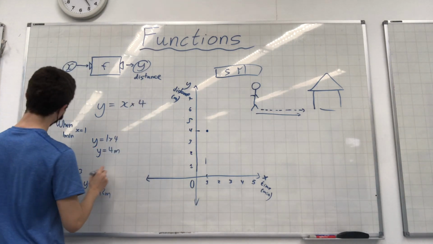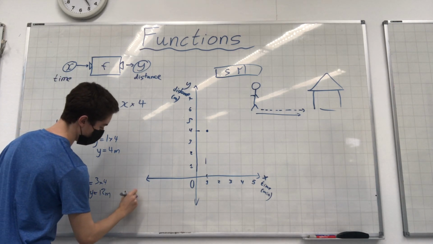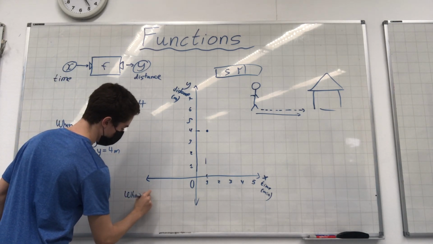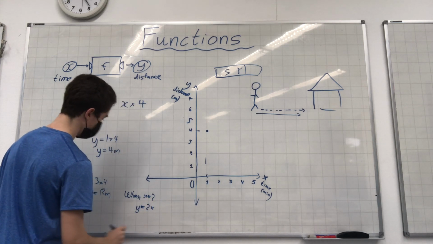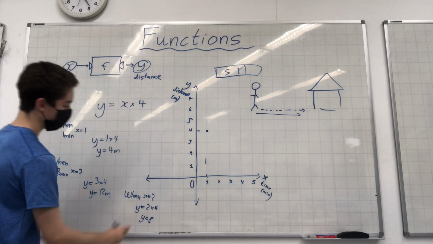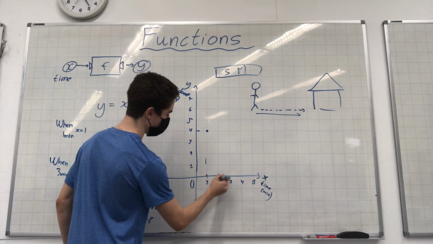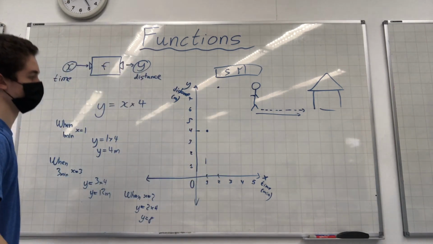So let's say instead we have walked 2 minutes, when x equals 2, y equals 2 times 4, y equals 8. And so, since when x equals 2, y equals 8, that is our second point of our function.